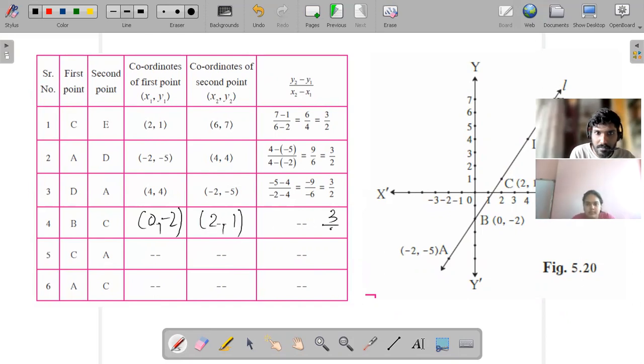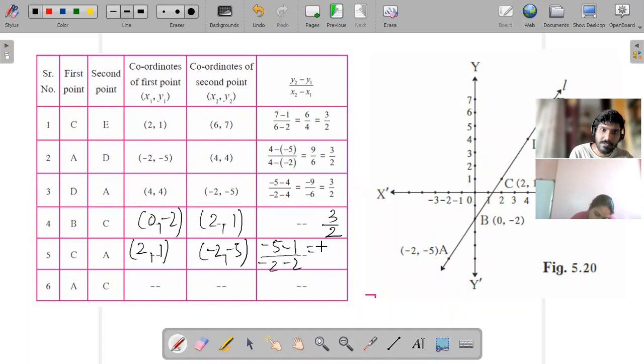Similarly, for the fifth one, coordinates of C is (2, 1), and coordinates of A is (-2, -5). Now use the formula: (-1 - 5)... (1 - (-5)) upon (2 - (-2)). That will be 6 upon 4, which you can reduce to 3/2.